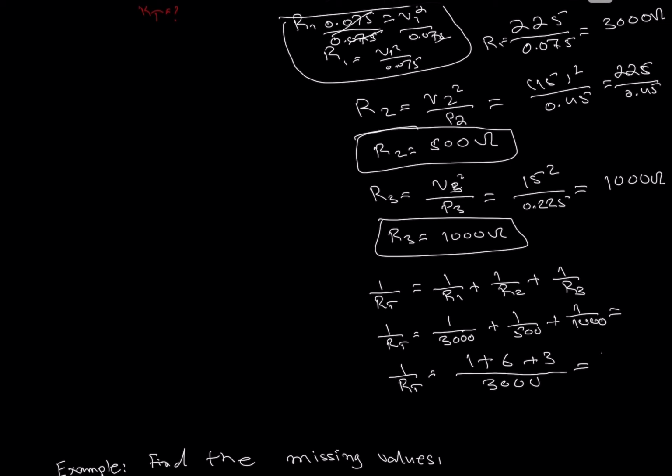So 1 over RT will become 10 over 3000. We can cancel a zero right here. So RT will be equal to 300 ohms.